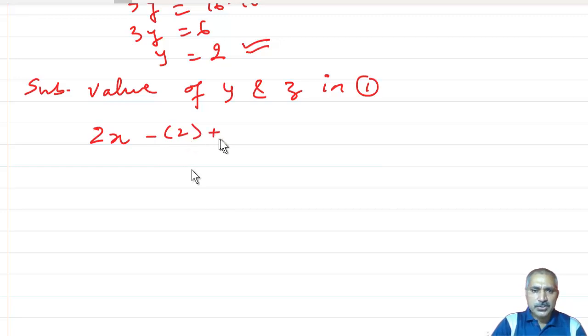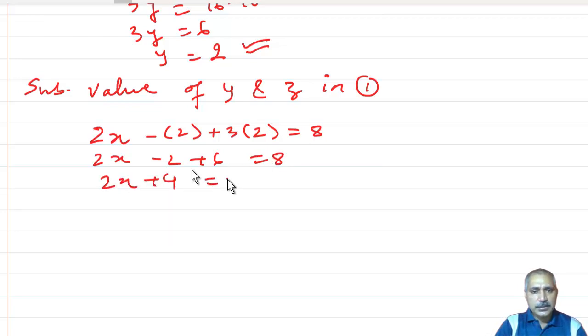Then plus 3z, that is 3 into the value of z we have calculated as 2, is equal to 8. So 2x minus 2 plus 6 is equal to 8. 2x plus 4 is equal to 8. So 2x is equal to 8 minus 4. This 4 will go to the right side and become minus 4. So we got this as 4. 2x is 4, so x is equal to 2.